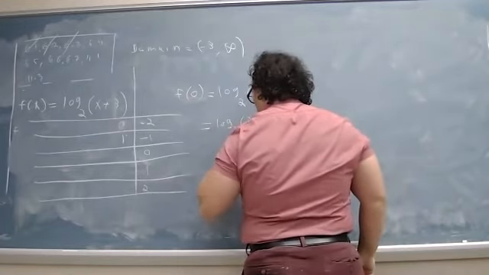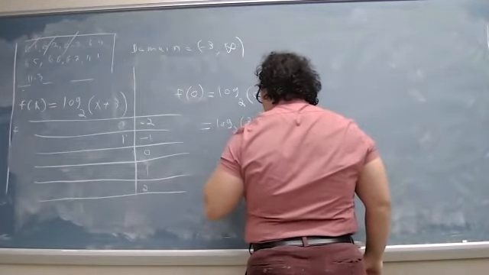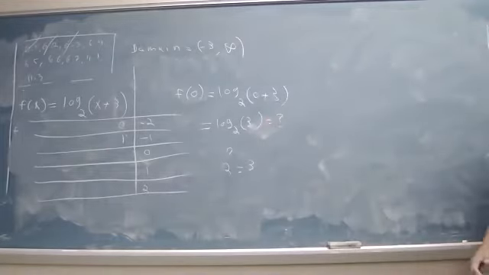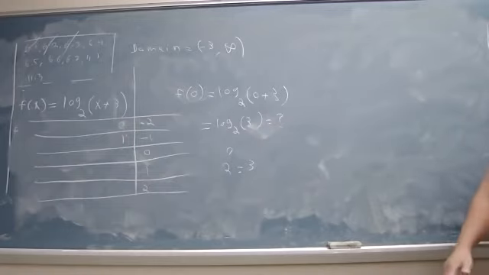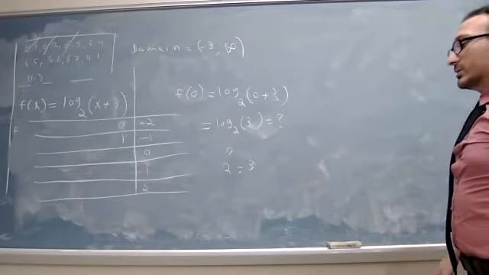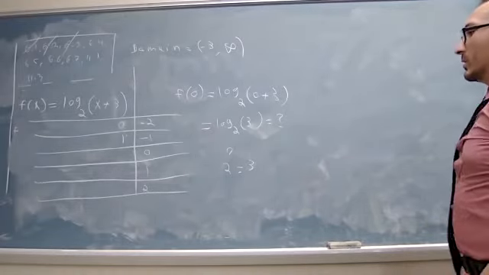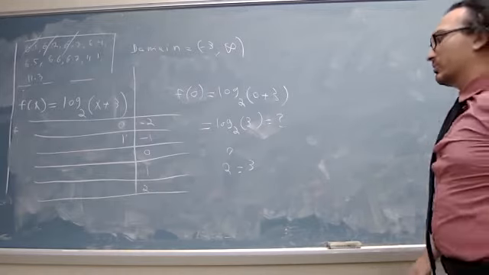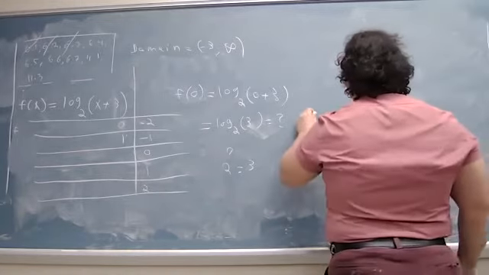This is 2 raised to what power is equal to 3? Well, that answer is not straightforward. It must be some type of fractional power. So I'm just guessing right now.